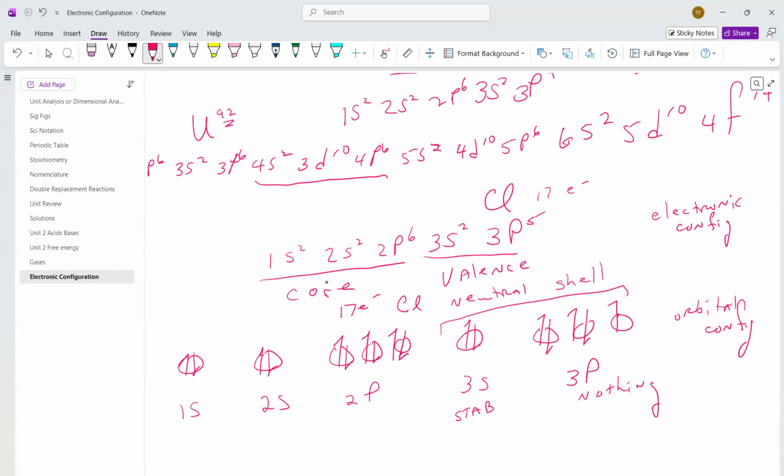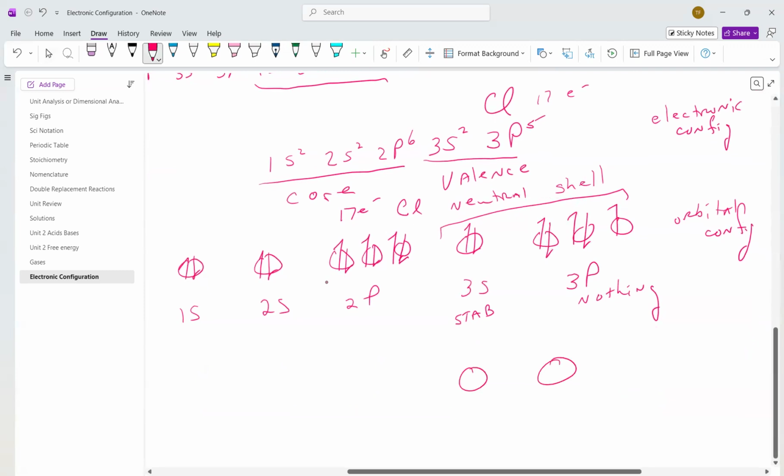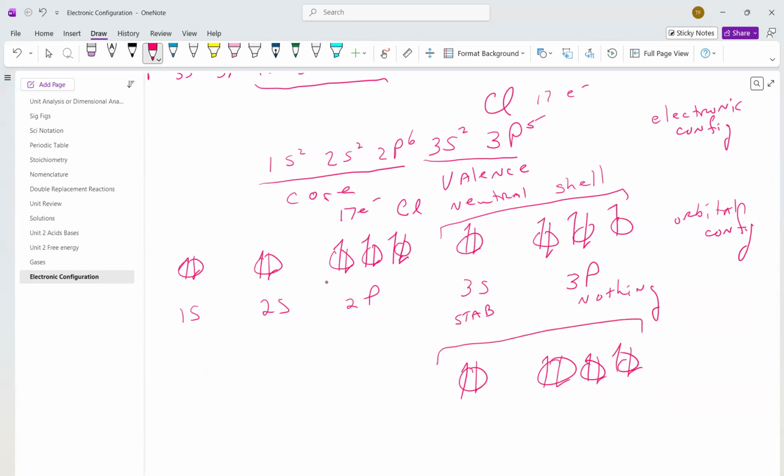What can we do to make chlorine more stable? Gain an electron. Gain an electron where? On the p's. Because once we gain an electron, it's full now, the whole shell.